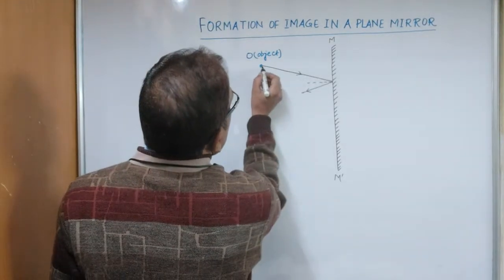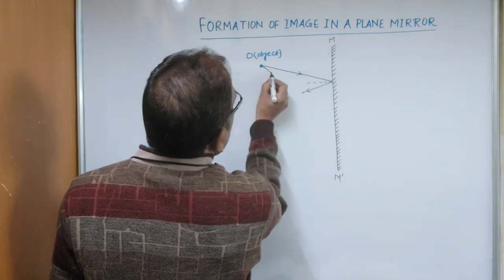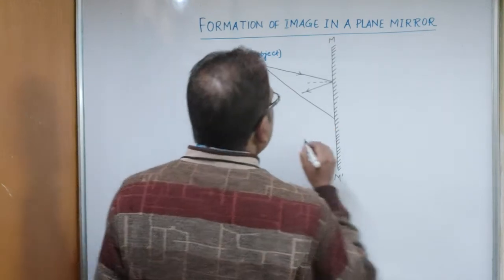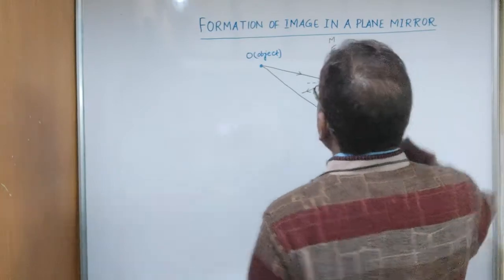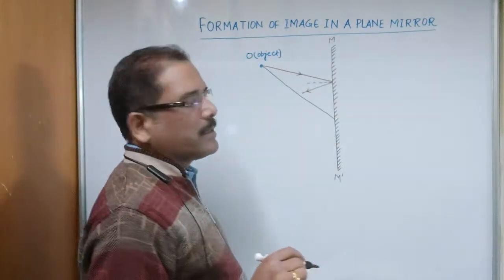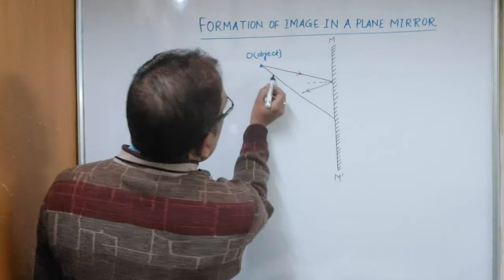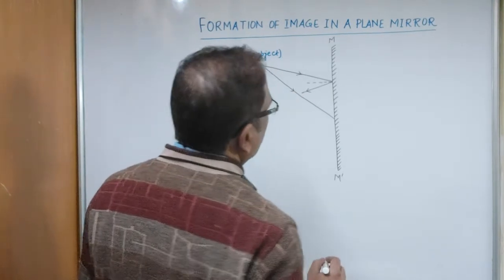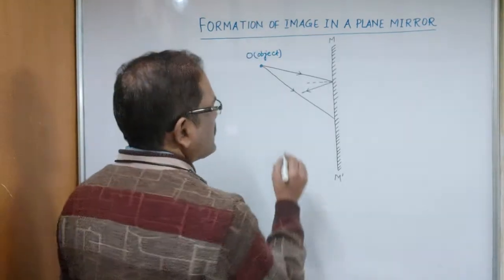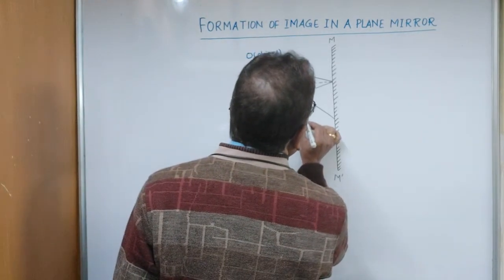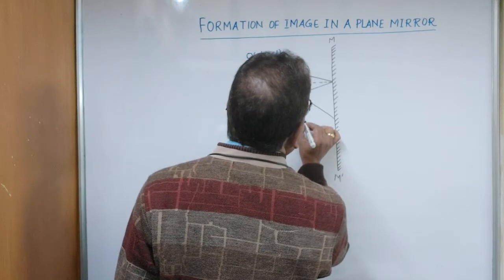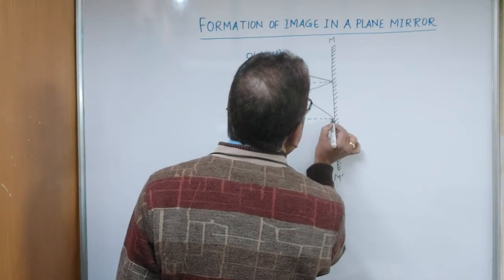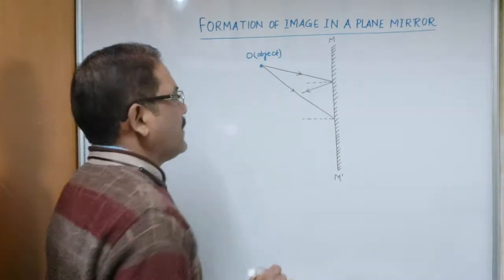Take another ray. As I have said, two rays are required to make an image. So suppose this is another ray. You will draw with your scale in copy. So my lines are not so straight. It is difficult to draw a perfect straight line on this board without scale. That's why. And again draw a normal at the point of incidence.